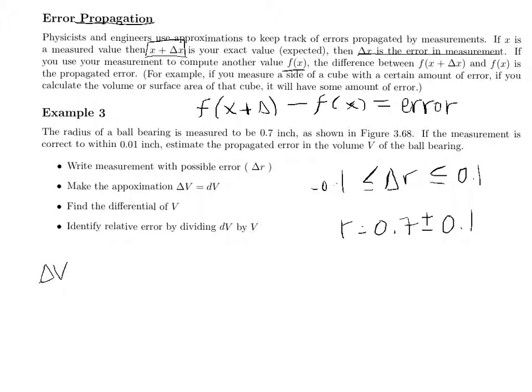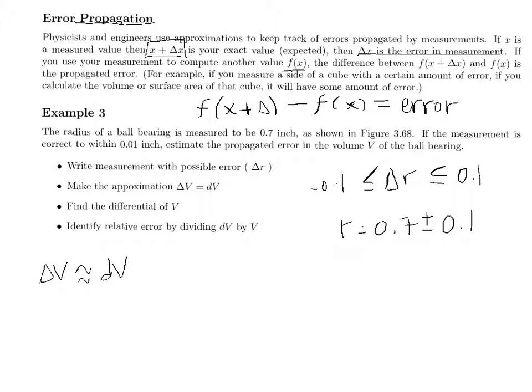Again, we could do this the direct way and just plug in 0.8 and 0.6 and find the volume. I know we could do that. We're going to make an approximation for the sake of learning this. Our approximation is that the change in volume is about equal to the differential.